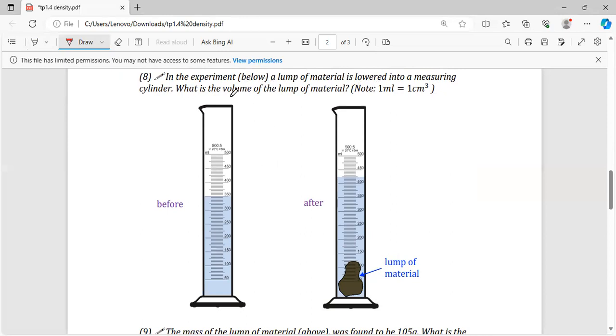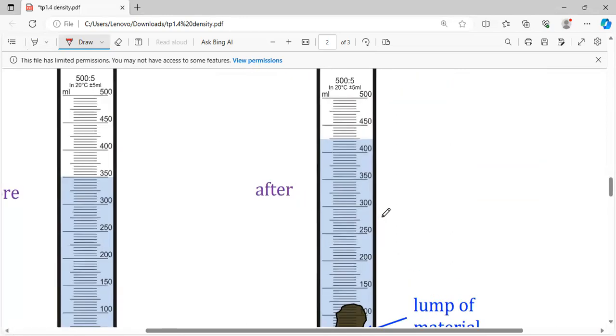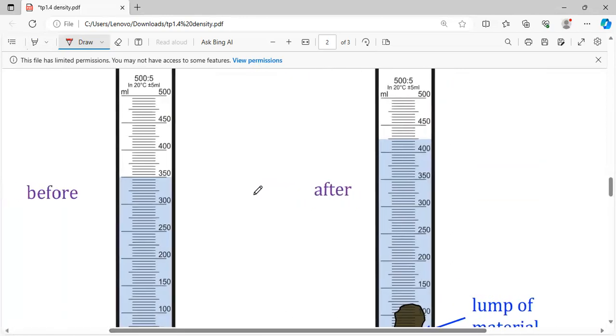Okay, what's the volume of the lump material? As you can see, you have to find the initial volume before. So this is 350 milliliters, and this is, I guess, 425 milliliters.